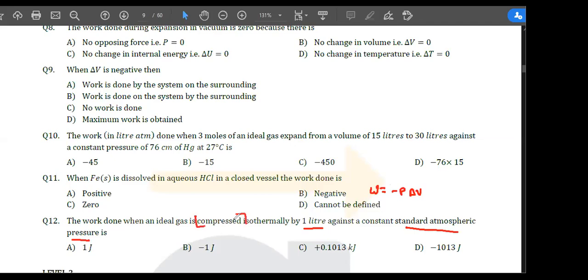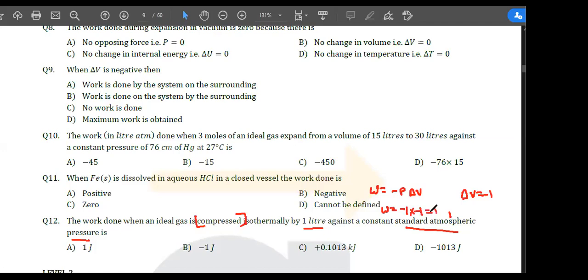Compressed means volume is getting less. So delta V is negative. And how much? 1. So delta V is minus 1. And P, atmospheric pressure, which is also 1. So W is equal to minus 1 into minus 1, which is 1.